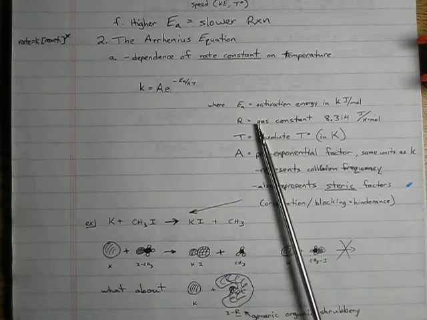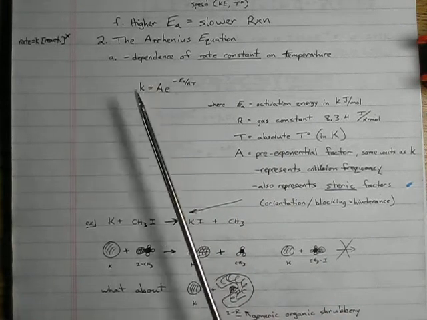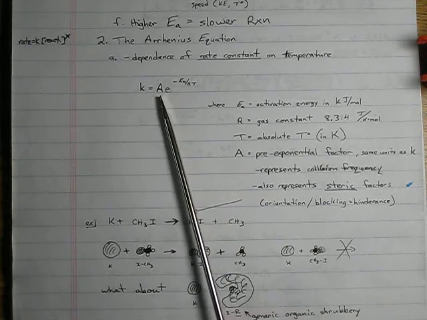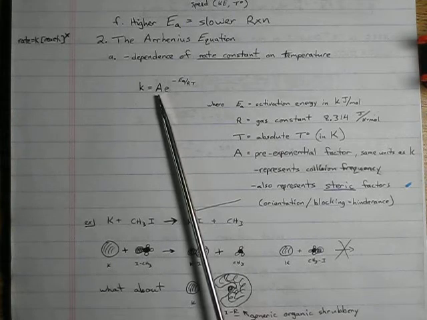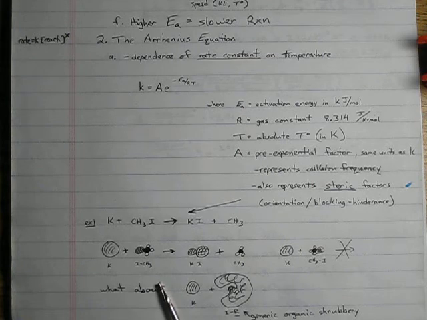And so the Arrhenius equation looks at how temperature does affect the rate constant, where k is our rate constant. A is the pre-exponential factor, which has to do with a number of things, including how the two molecules can collide and get the reaction to occur.